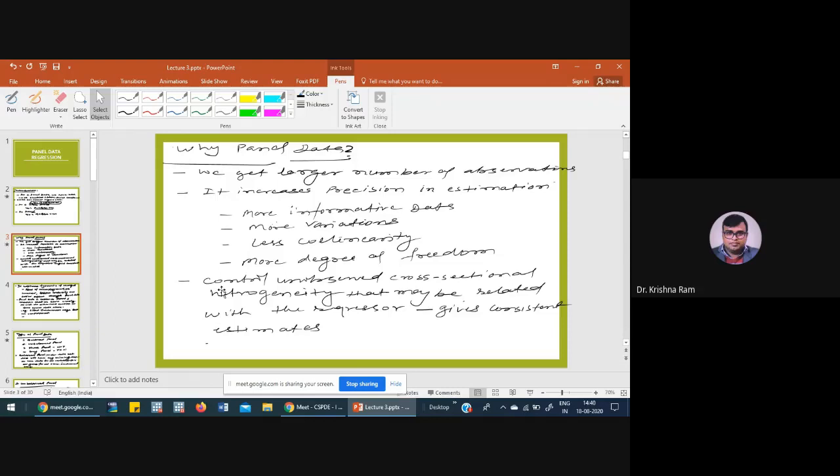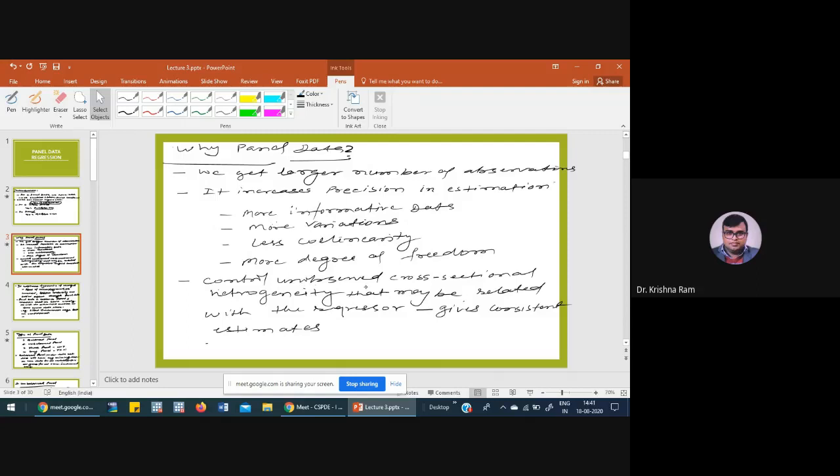The third advantage of the panel data regression model is that it controls unobserved cross-sectional heterogeneity that may be related with any of the explanatory variables included in the model. And if that is the case, using the OLS estimator, we get biased and inconsistent estimates.